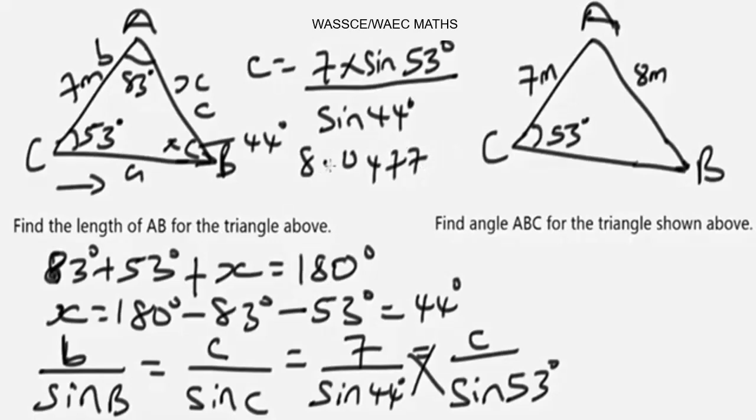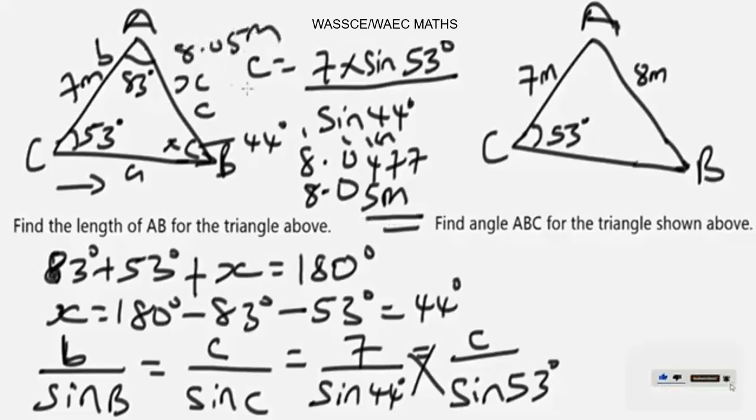If you want to leave your answer in 3 significant figures, this 8 is significant, this 0 is significant, this 4 is significant. The 7 after the 4 rounds up, so the 4 becomes 5. So the final answer in 3 significant figures is 8.05. The unit is meters. So this side AB is 8.05 meters. It's as simple as that.